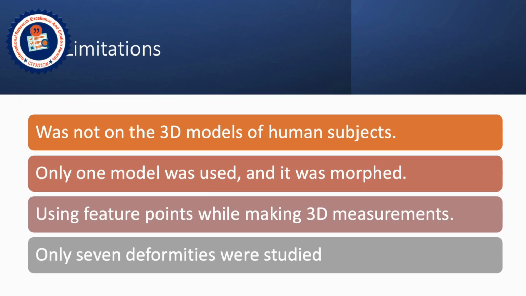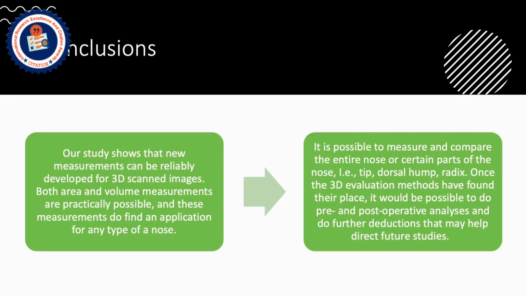Using feature points might make sense for 2D pictures. However, with the 3D models, maybe we may need to come up with better definitions for how to measure that area or that volume. And the last limitation we could think about is that we had just 7 deformity studies. Maybe we could have studied more deformities. That would have helped us.